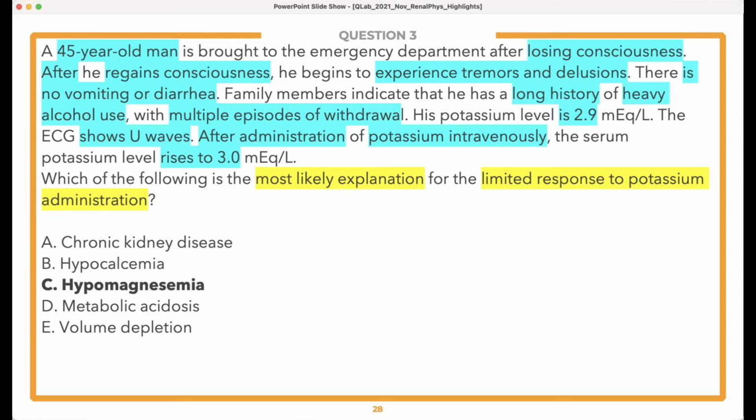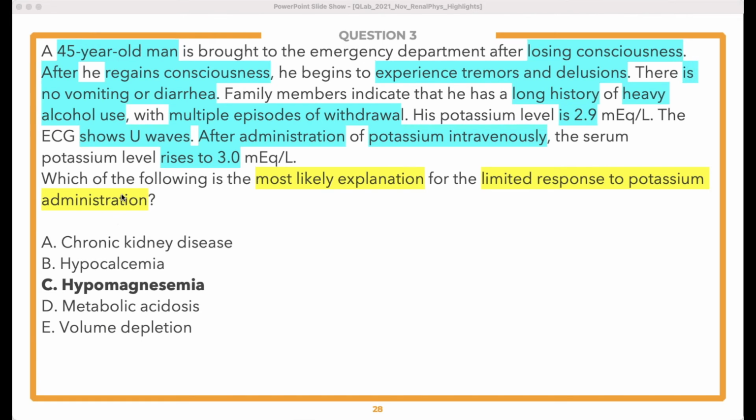Okay, and that also can cause renal potassium to then get wasted as well, because that promotes secretion of potassium and decreased reabsorption of potassium in your nephron. So in order for this patient's hypokalemia to be corrected, you first need to correct his hypomagnesemia.